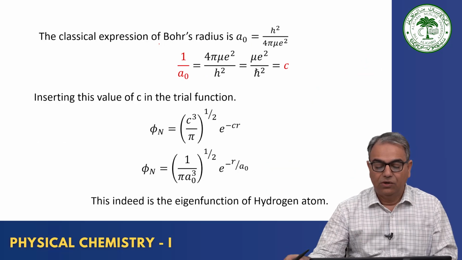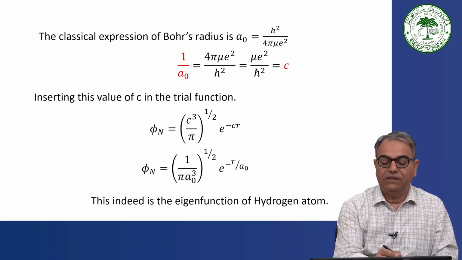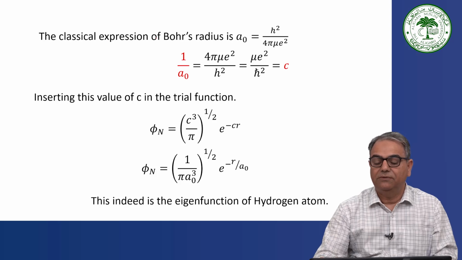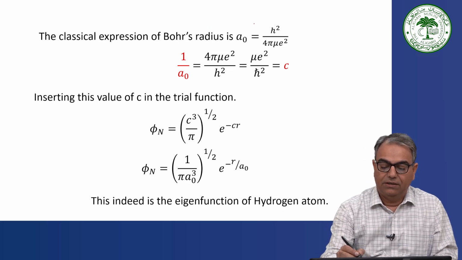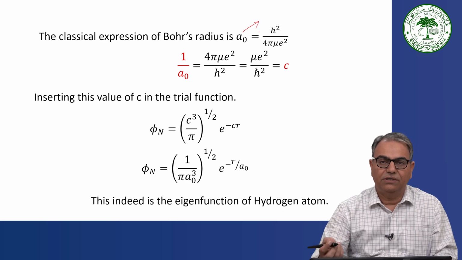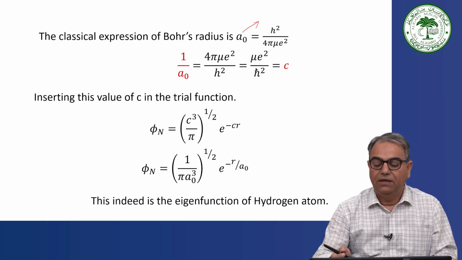So what is the classical expression of the Bohr's radius? a naught is equal to h square divided by 4 pi mu e square, for the ground state. Of course, a naught for the ground state is 0.529; otherwise it would have been n square also.